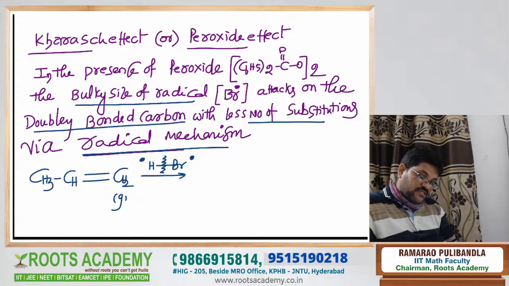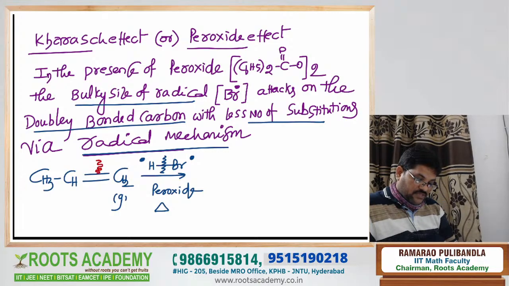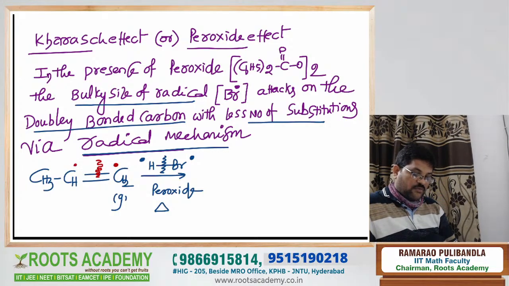In the presence of the peroxide as catalyst, on heating, one of the pi bonds breaks down and you get dot dot. Now the bulky Br dot attacks the doubly bonded carbon with less number of substitutions.